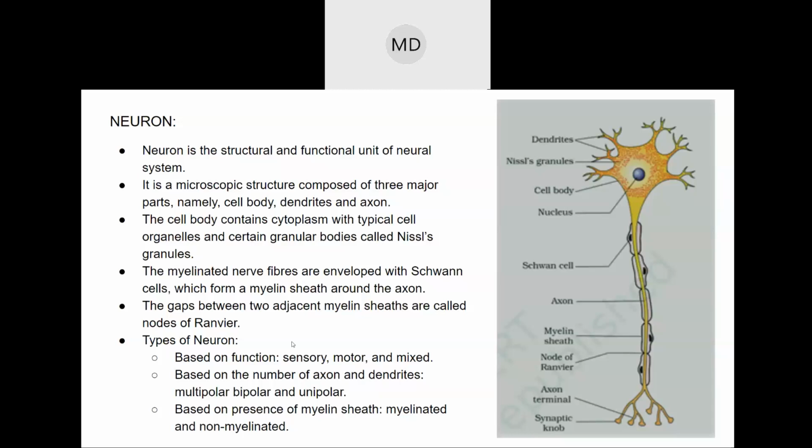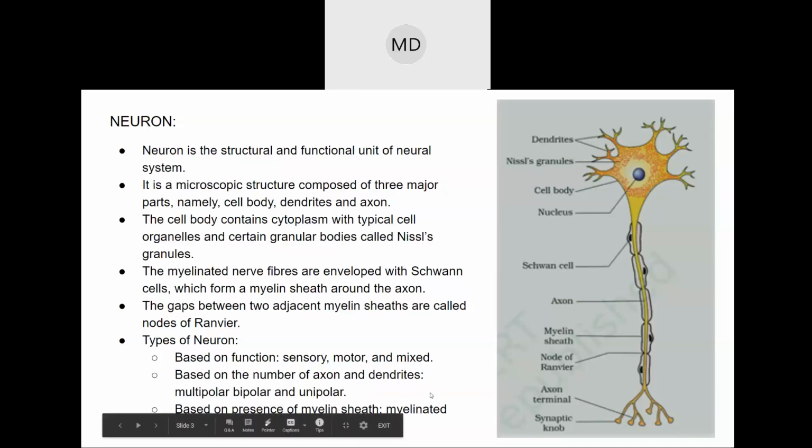Now there are different types of neurons, based on different things. Based on the presence of myelin sheaths, some neurons will not have myelin sheaths.